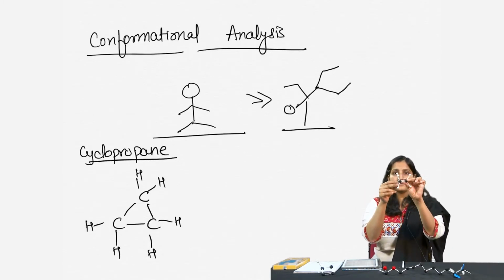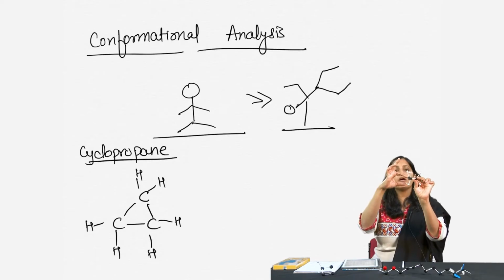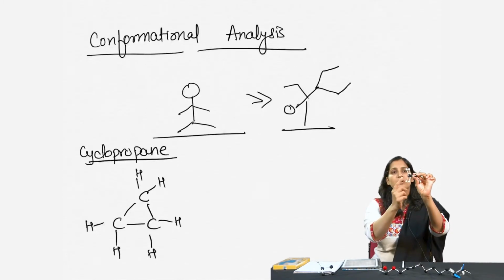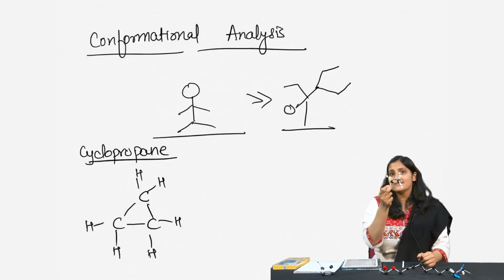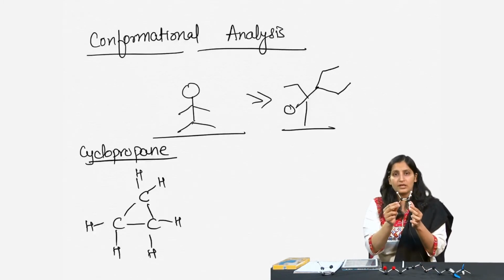You can also observe that the CH bonds on each of these carbons eclipse with the CH bond on another carbon. For example, these two CH bonds are eclipsing, and in the same way these two CH bonds are eclipsing, and so on. So, I really have 6 eclipsing pairs of CH bonds in a cyclopropane molecule.